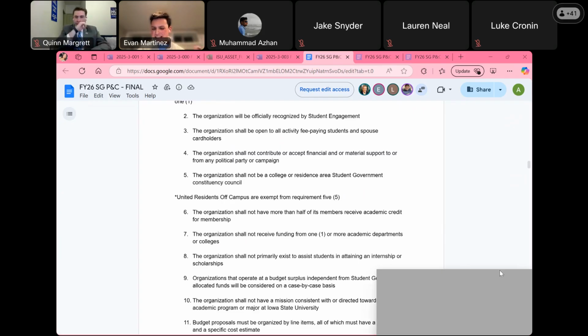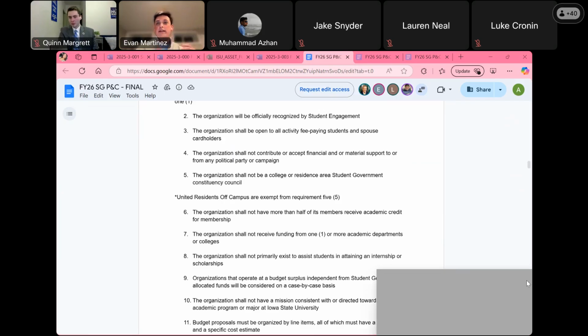And adding a case-by-case basis not only makes it difficult for the groups to understand what the language means, but it also makes it difficult for the finance committee to understand how to apply it. And also, moving from finance committee to finance committee, one year to the next, that case-by-case precedent might not stand. That's one thing that we considered. And then the second was, let's see here.